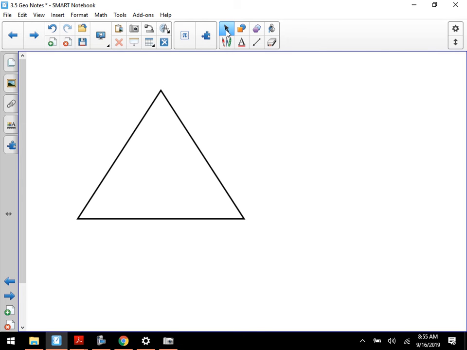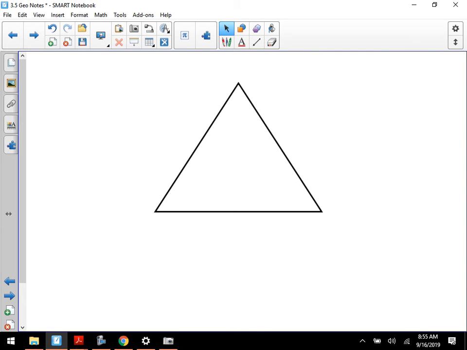So again, if you go back and you look at just the basic triangle, we have outside angles. So if this angle here is 55 degrees, what would this angle have to be? Subtract that from 180, what do you get? 125, good.